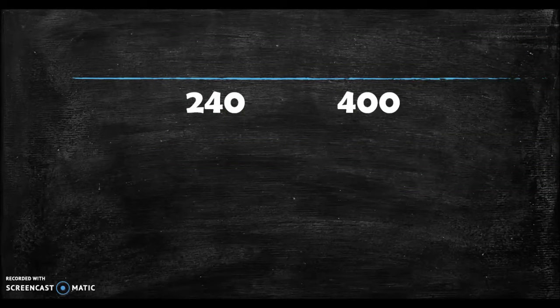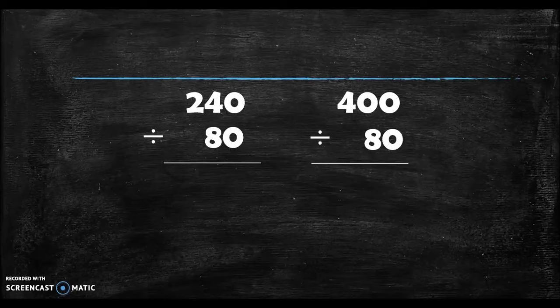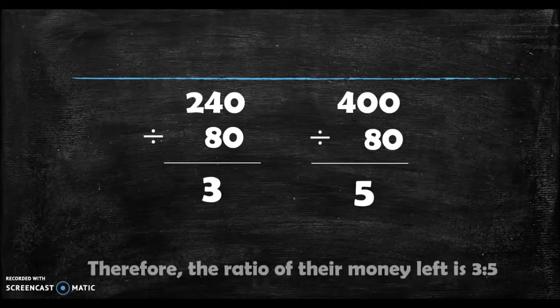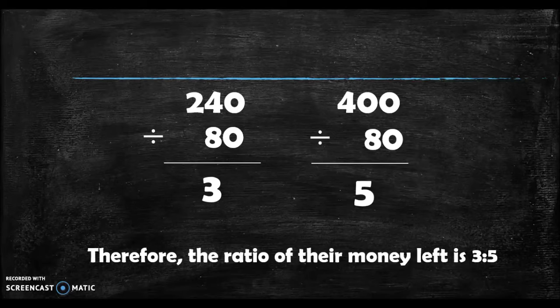To find the ratio of these numbers, we are going to divide by 80, because 80 is their GCF, or greatest common factor. Then 240 divided by 80 is equal to 3, and 400 divided by 80 is equal to 5. Therefore the ratio of their money left is 3:5.